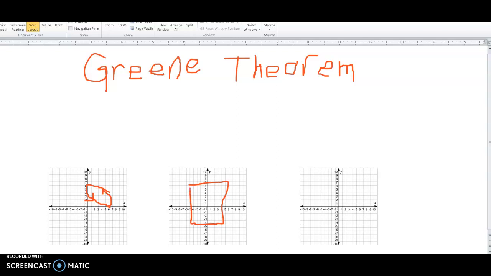And here, the arrows are written to represent movement in a clockwise direction, which represents negative orientation.